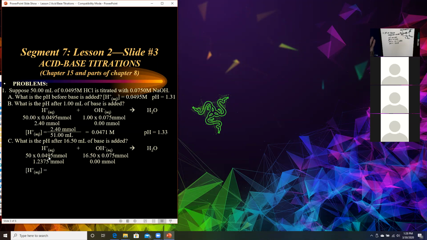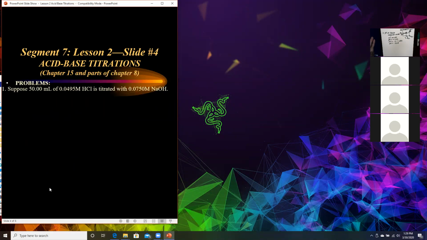So the hydrogen ion concentration is that many millimoles in, again, 50 plus the amount we added, 16.5, so 66.5 milliliters, 0.0186, and the pH is 1.73. So we're going along, and we've not changed the pH a lot in this strong acid, strong base titration at all.